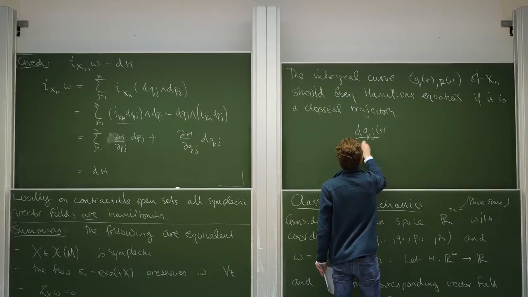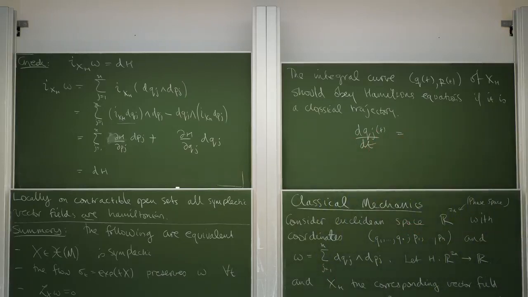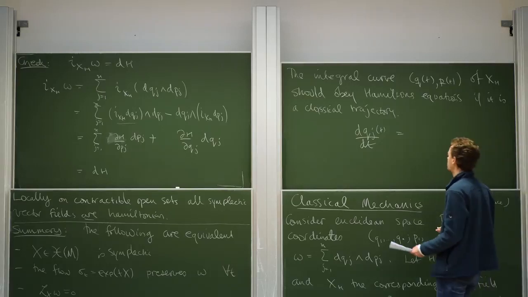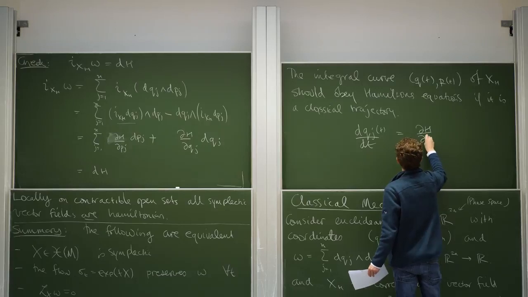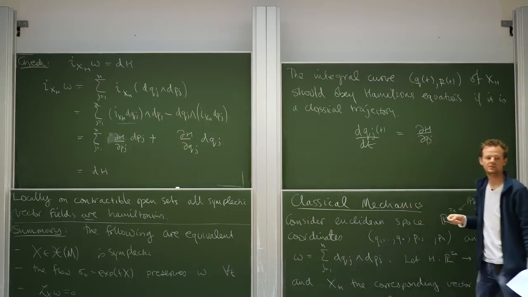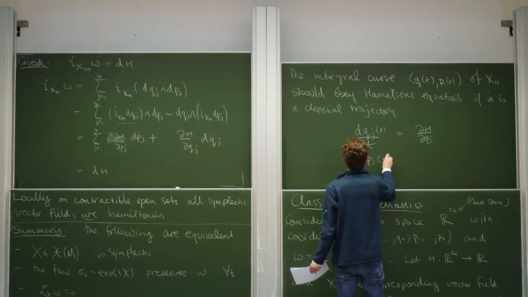So Hamilton's equations in the more mundane form, how do they read? They read that you take the derivative of the canonical position coordinates and you get the derivative of the Hamiltonian with respect to the momenta, the conjugate momenta, and vice versa, right? That's Hamilton's equations, but with a minus sign along the way.